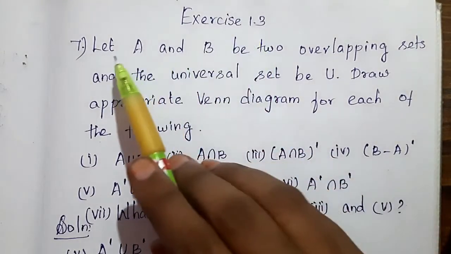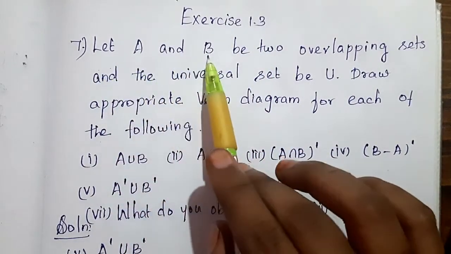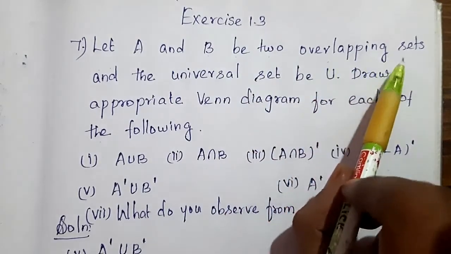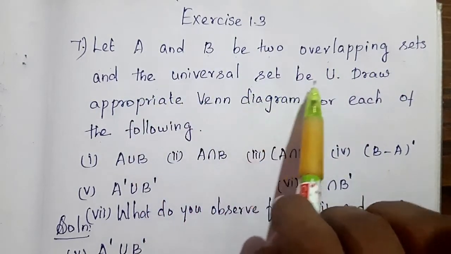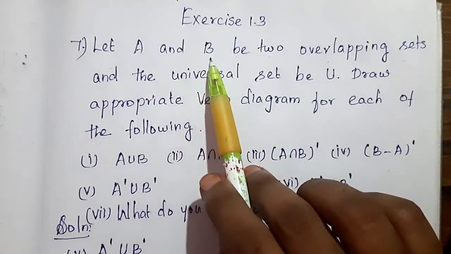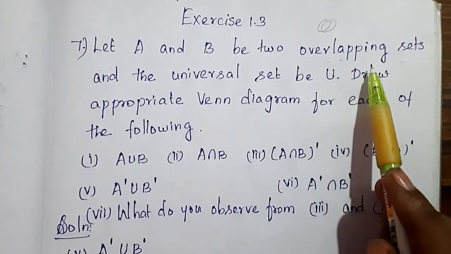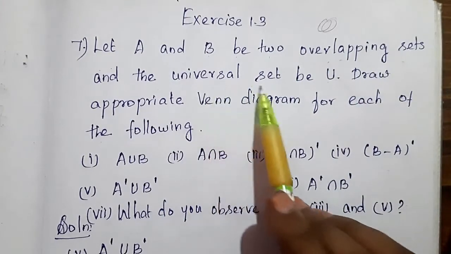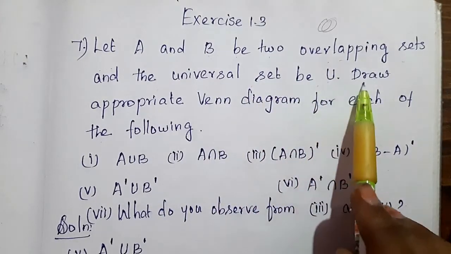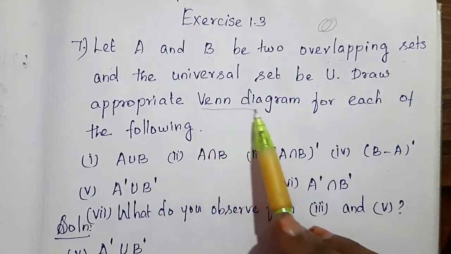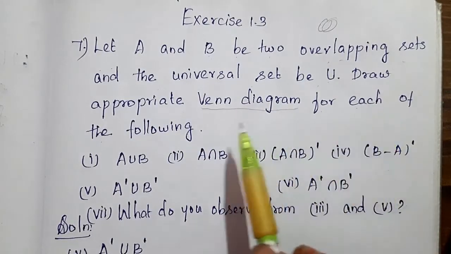Exercise 1.3, 7th question. Let A and B be two overlapping sets and the universal set be U. So two sets are there, these are overlapping. Overlapping means touching each other. Then U is the universal set. Draw the appropriate Venn diagram for each of the following.